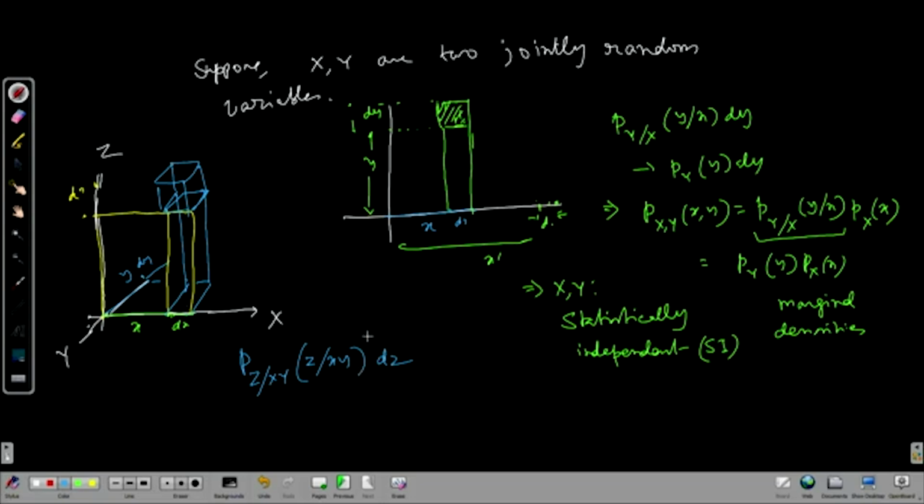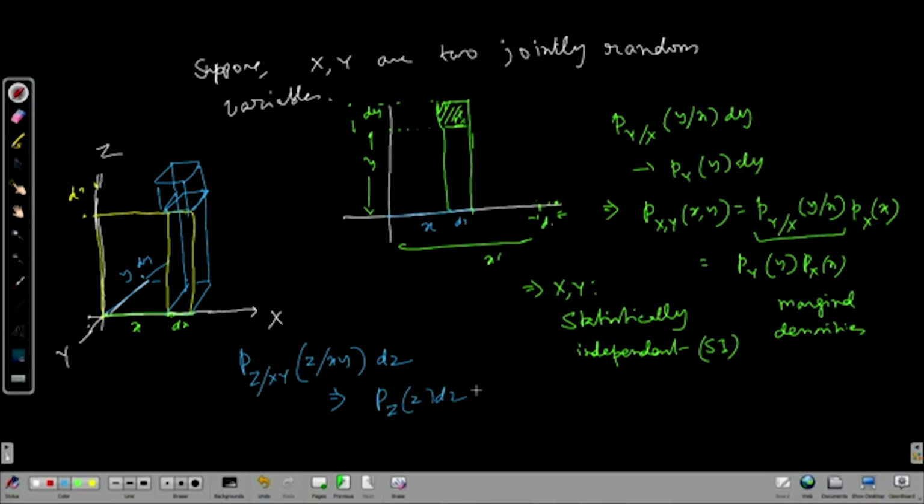But suppose capital Z is such a random variable that it has nothing to do with x y, no relation. So, it will not depend on the constraint, it will be simply equal to just P z z dz, the marginal density.